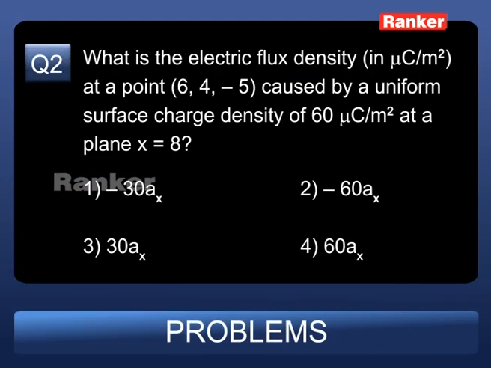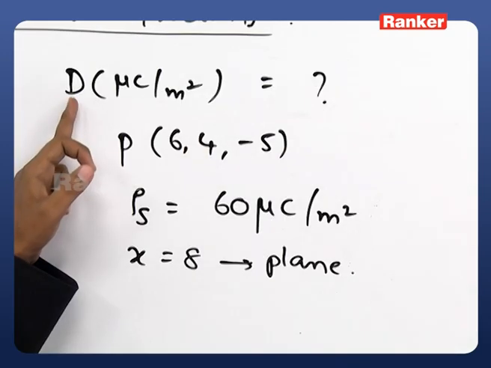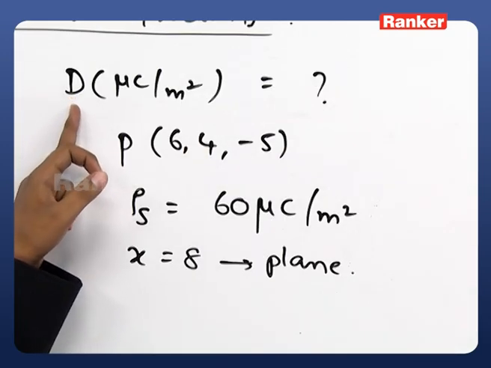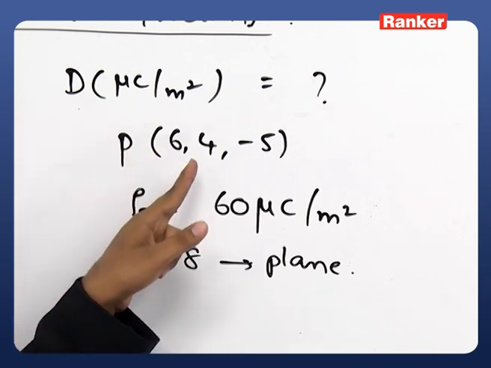Problem 2. So what is the electric flux density? It's asked in microcoulomb per meter square at a point (6, 4, -5) caused by a uniform surface charge density of 60 microcoulomb per meter square at a plane x equals 8. So we are supposed to calculate the electric flux density D in microcoulomb per meter square at point P(6, 4, -5).